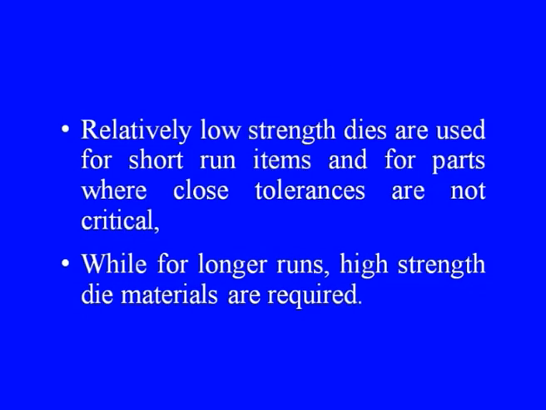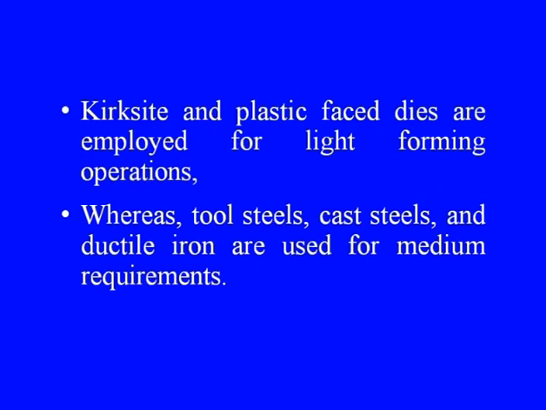Relatively low strength dies are used for short run items and for parts where close tolerances are not very critical, while for longer runs high strength die materials are required. Calcite and plastic phase dies are employed for light forming operations, whereas tool steels, cast steels and ductile iron are used for medium requirements.